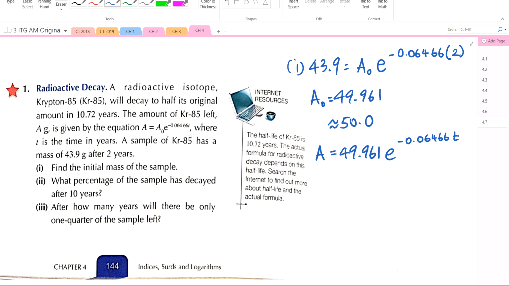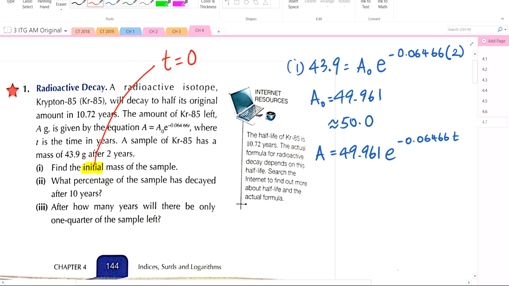Then, part 1 says find the initial mass of the sample. What does the word initial mean to you? First. At the start. Yeah. So at the start, what is the value of t? What will you expect the value of t to be at the start? 0. So go and highlight this word initial and put it over here. T equals to 0.